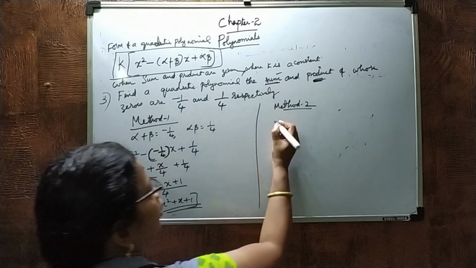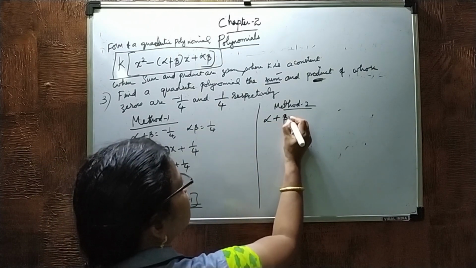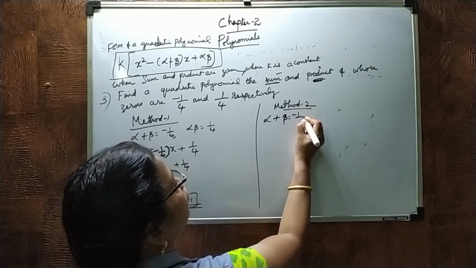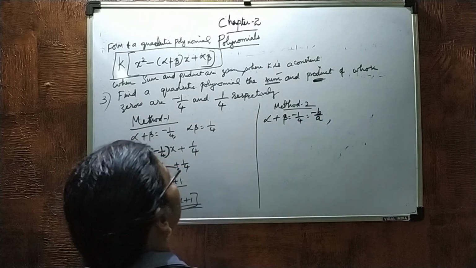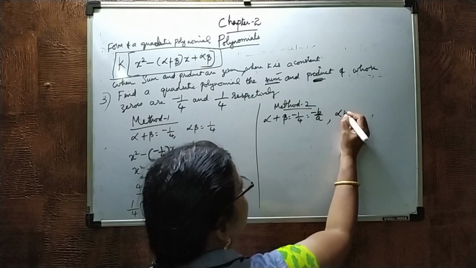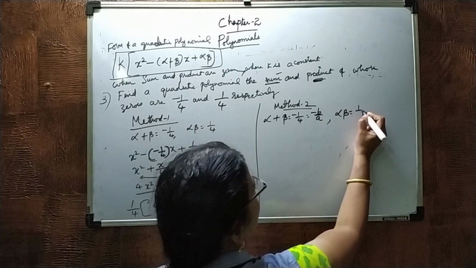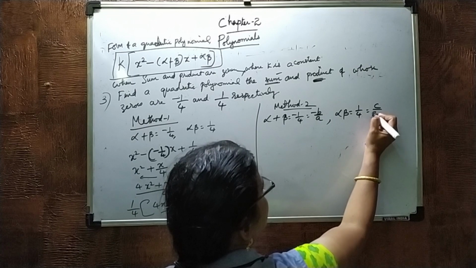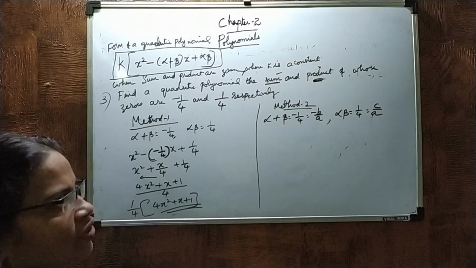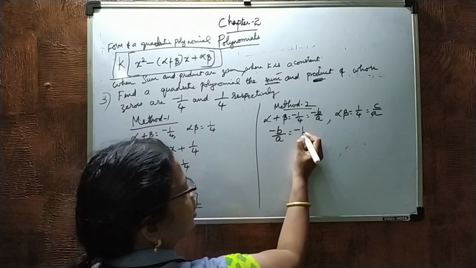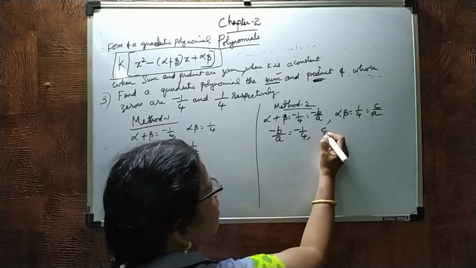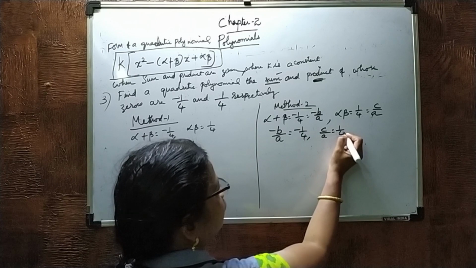Now method 2, what you can do: alpha plus beta is equal to negative 1 by 4, that means negative b by a. And alpha beta is equal to 1 by 4, that is c by a. Now look, negative b by a is equal to negative 1 by 4, c by a is equal to 1 by 4.